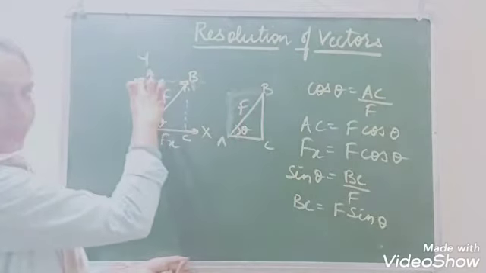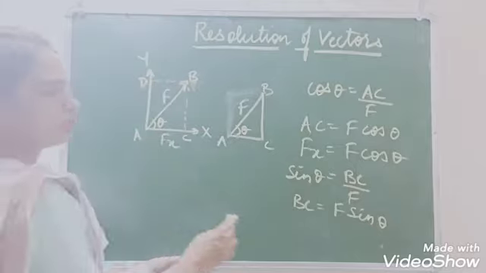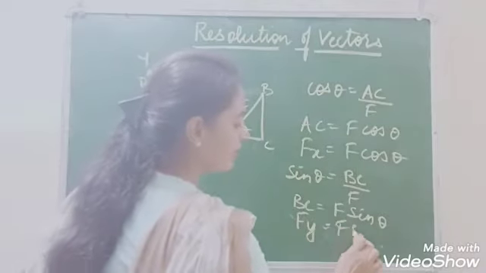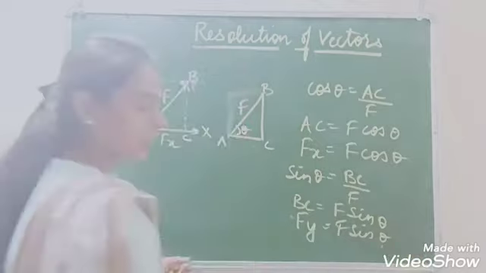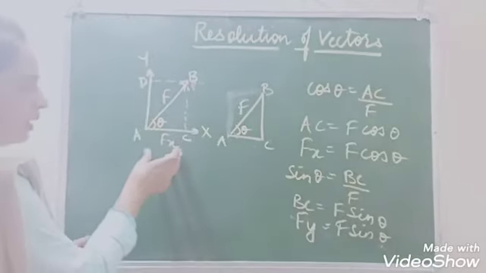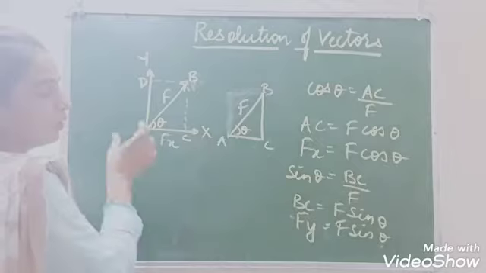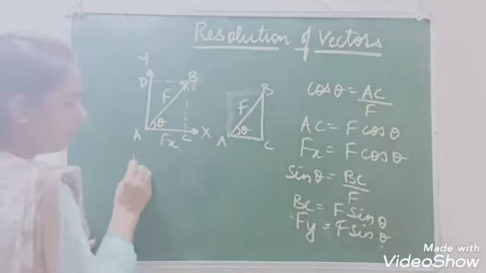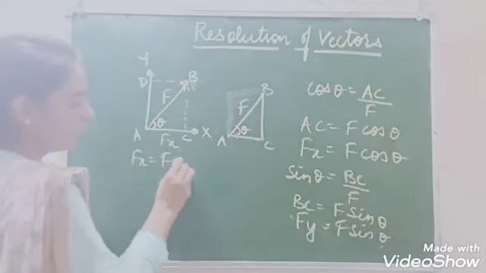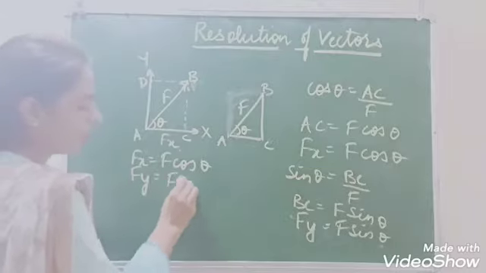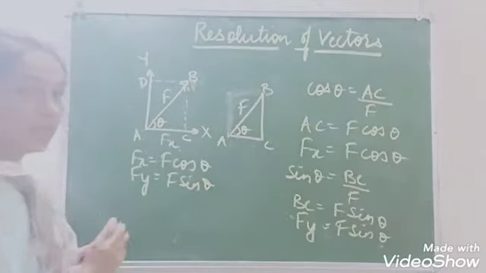BC is equal to AD, that is Fy, the y component. Fy is F sin theta. So remember, the x component Fx is F cos theta, and the component in the y direction is F sin theta.